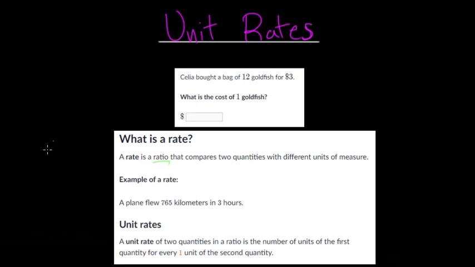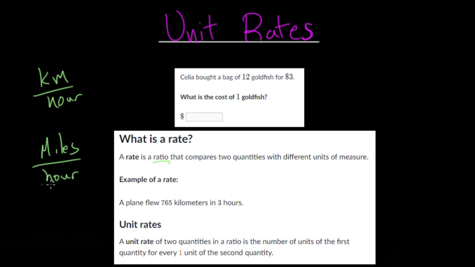So a good example of this would be something like miles per hour. In the US, at least, we see this all the time when we're driving. Or if you're in a different country, it might be kilometers per hour, something like that. They use the metric system in most other countries.